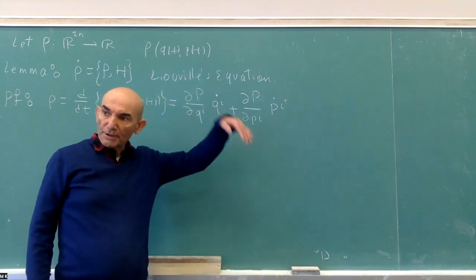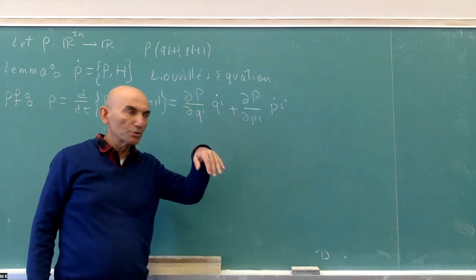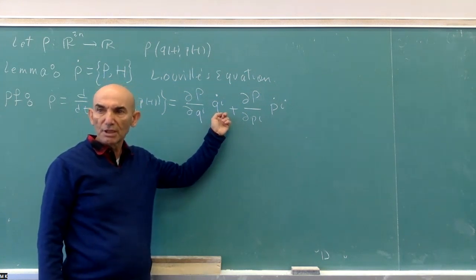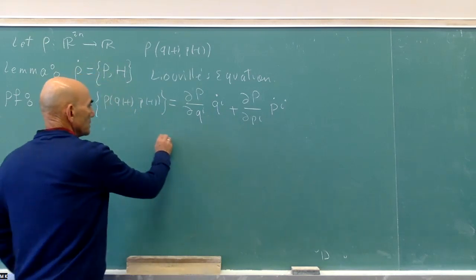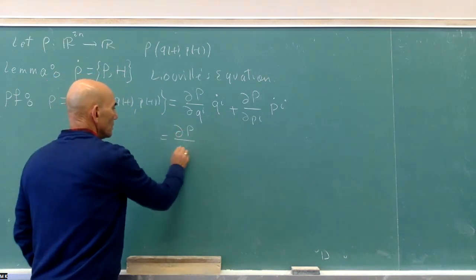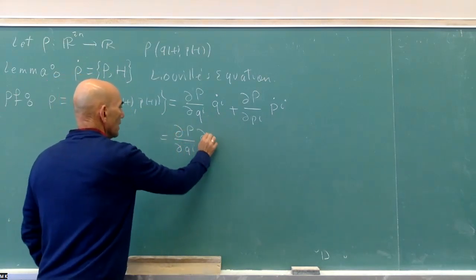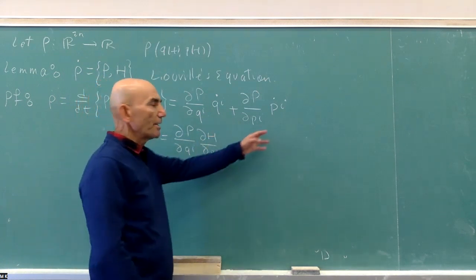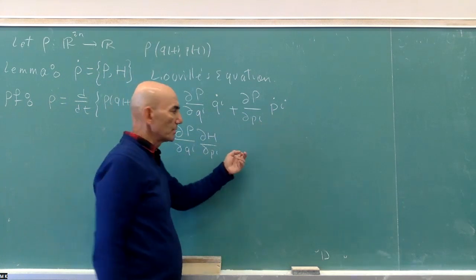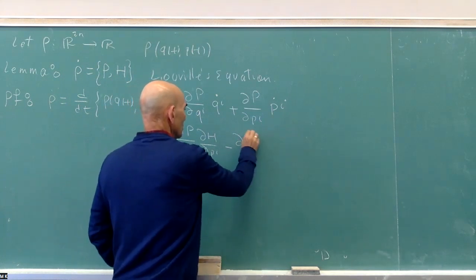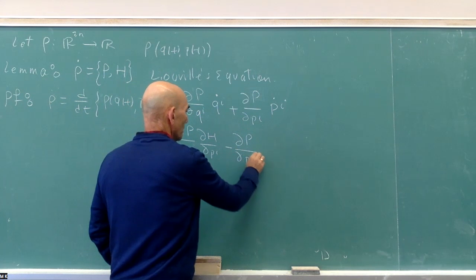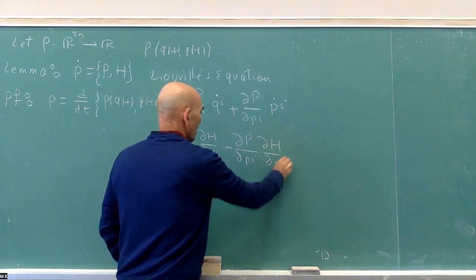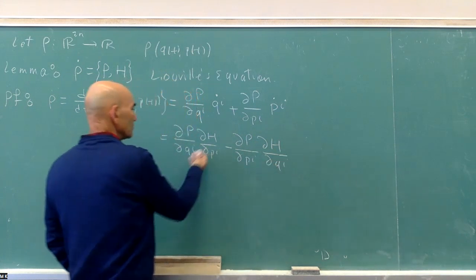But we are over an orbit, we are moving along the solutions. So q_i dot is equal to dH/dp_i, that gives d rho/dq_i dH/dp_i. And p_i dot is minus dH/dq_i, so this is minus d rho/dp_i dH/dq_i.